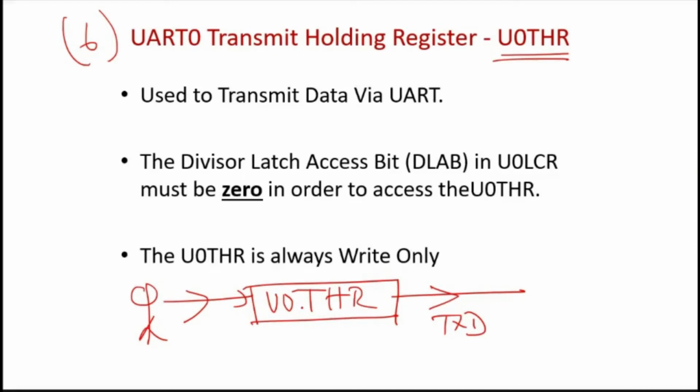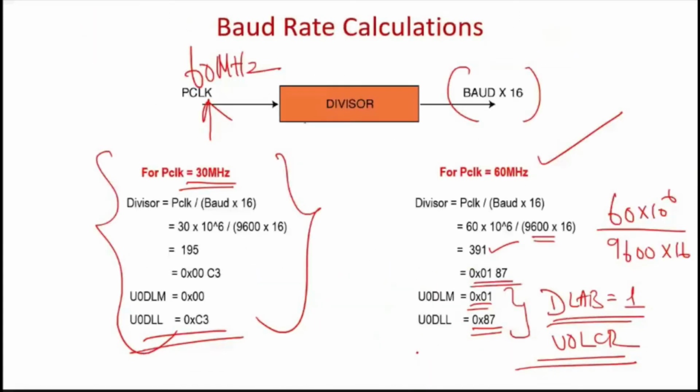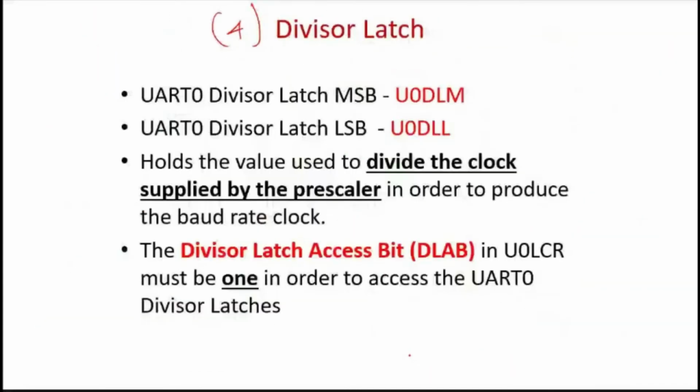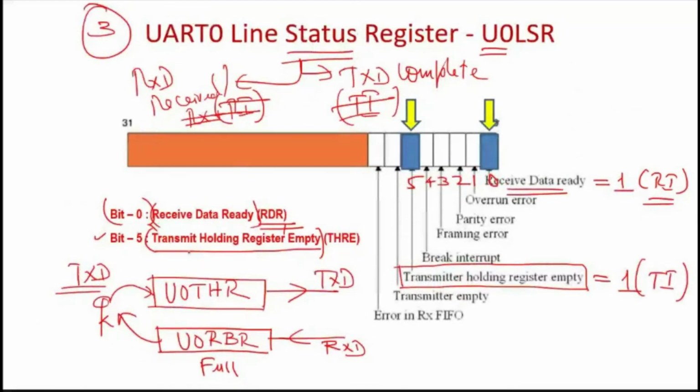So when the microcontroller successfully transmits all the 8 bits, then finally there is a flag called transmit holding register empty flag. That flag is available in the 5th bit. Transmit holding register empty flag, THRE flag, that is in the 5th bit.